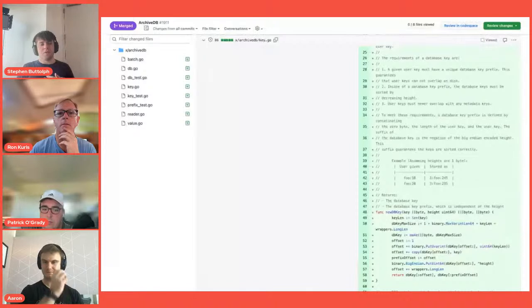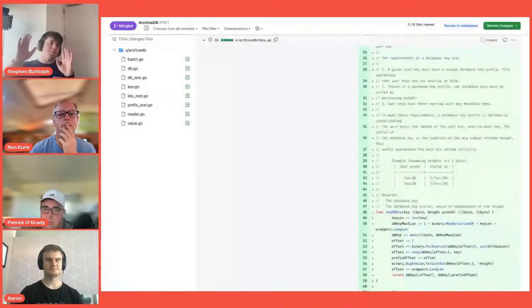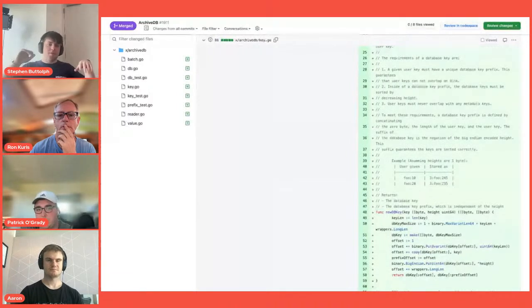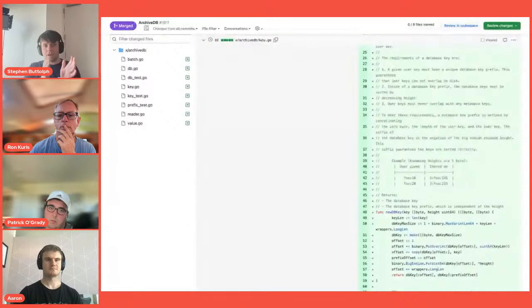Currently, the only metadata that we store is the most recent height that was written, and we do that to provide more atomic guarantees around what was written. So if you're writing to multiple databases and then you shut off, you need to have some way of recovering, and so it's very useful to have that knowledge in the ArchiveDB. But if we add any more metadata keys, then we have that namespace to use.